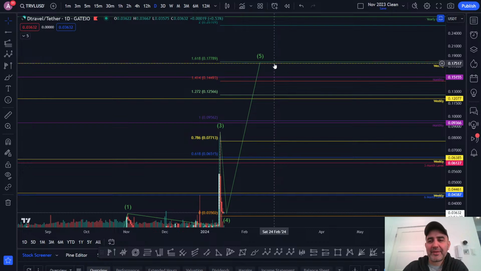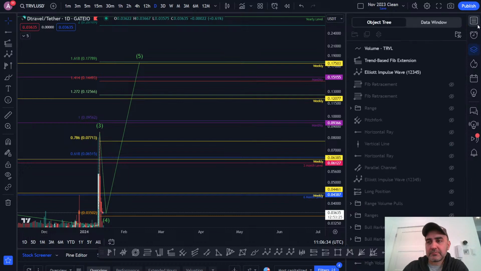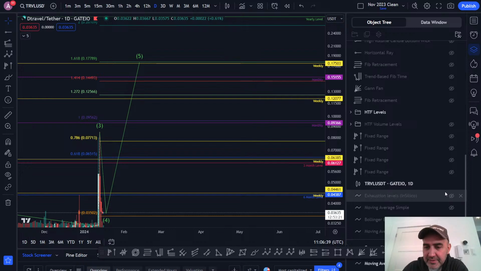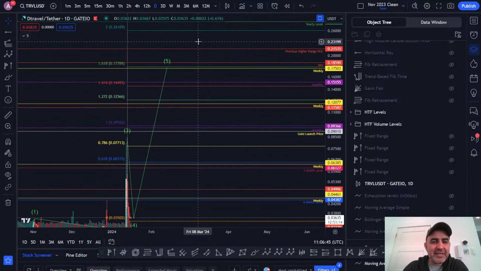Look at that right there. Imagine that. Is there anything else? Let me see volume levels. Also, a smidge above it, we have a value area high at 18.6.